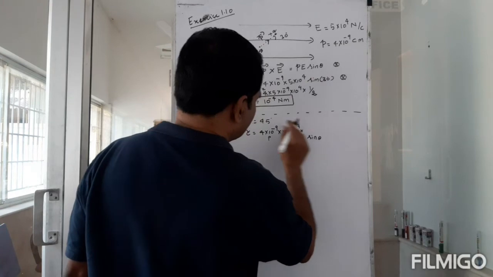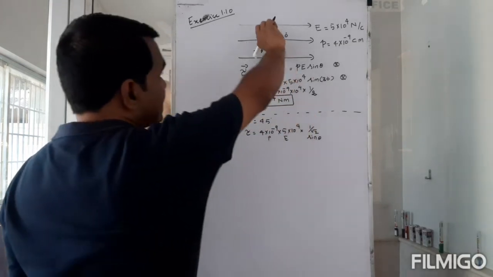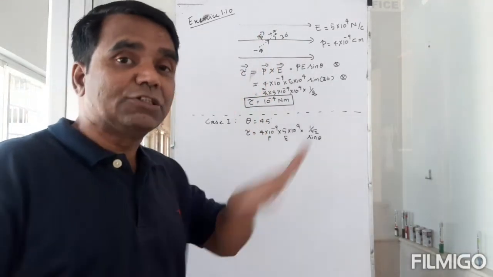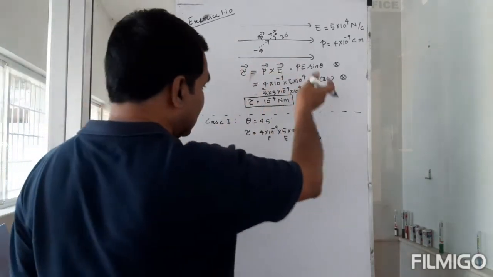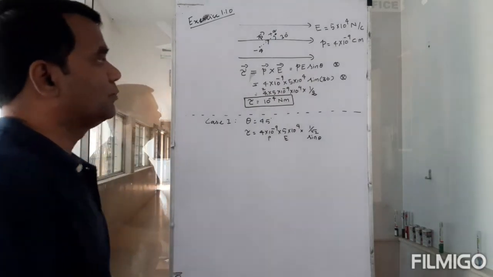Sine 45 is going to be 1 by root 2. So when it is at this position, you are going to have a different magnitude for the torque. So that would result in root 2 into 10 power minus 4.